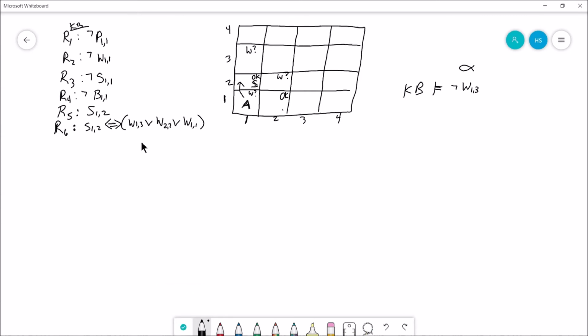Okay, so what are the variables that I need to assign values to, right? Well, I've got my stench detected in 1-2, right? And then I want to know about the square 1-3, if there's a Wumpus in there. I said 3-1, but I meant 1-3, sorry.